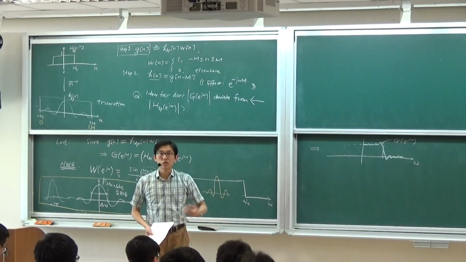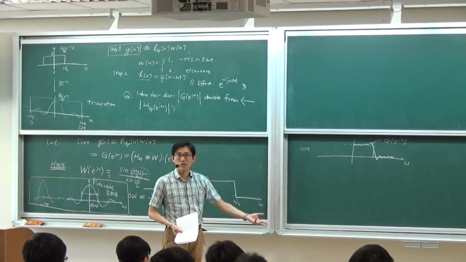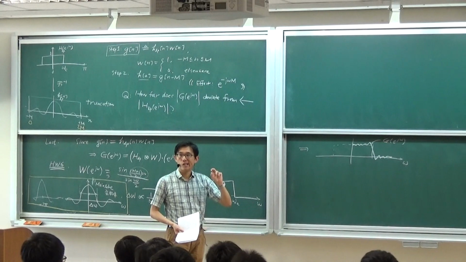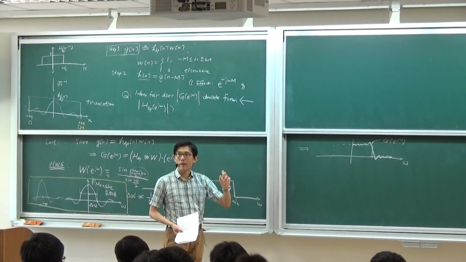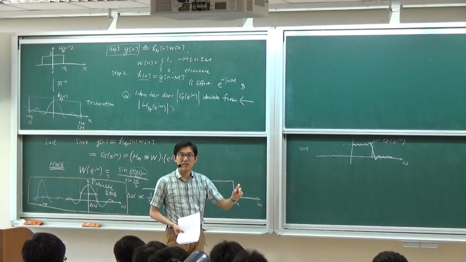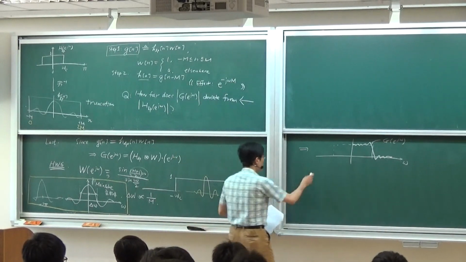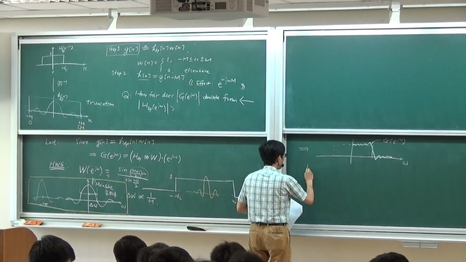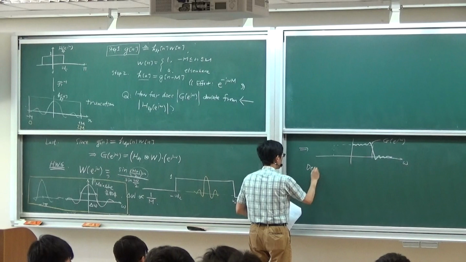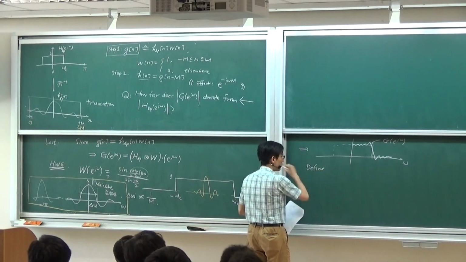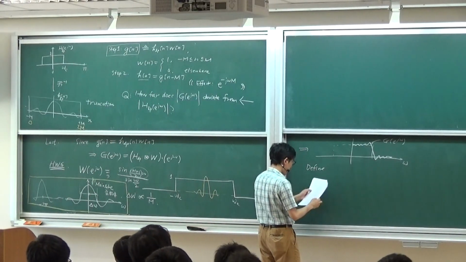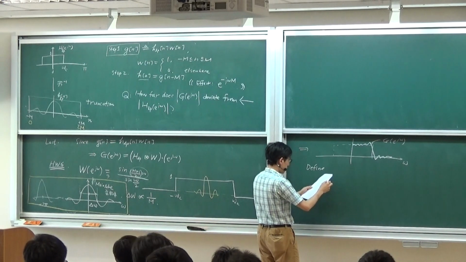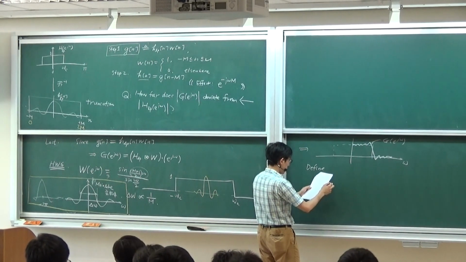What's the total design error? How do you measure how badly or how well the design is? Let's define a measure of total error.